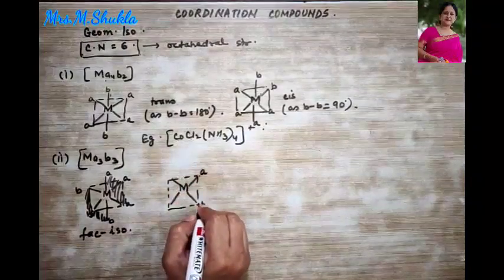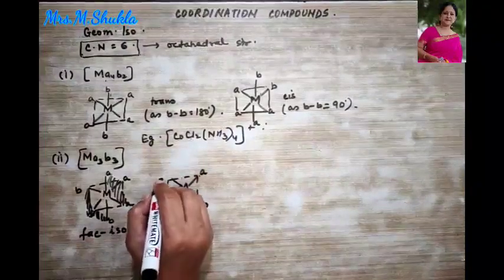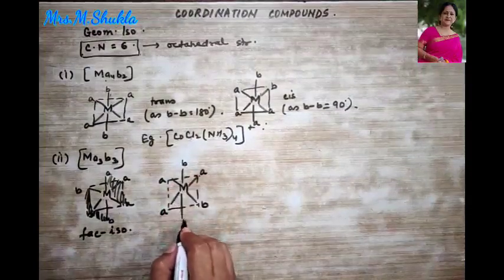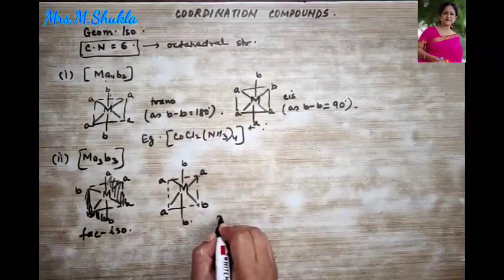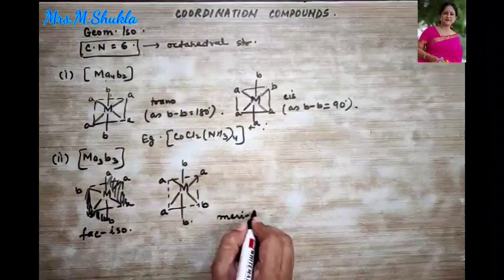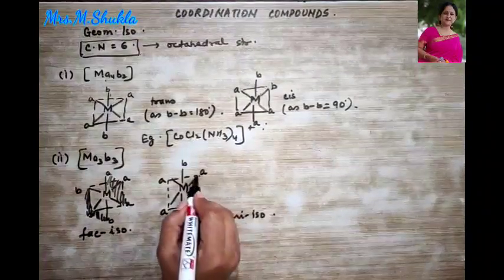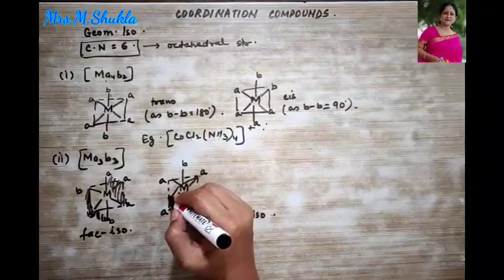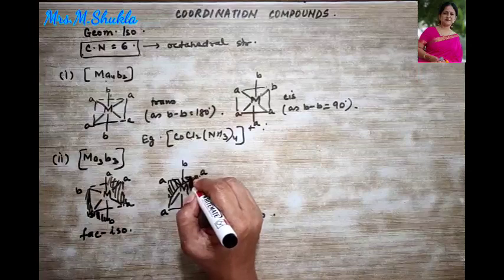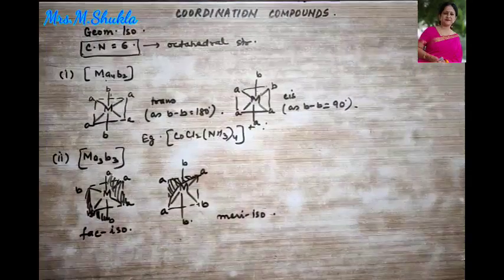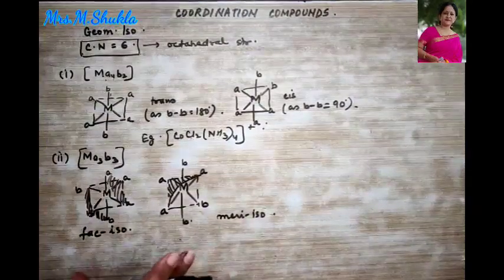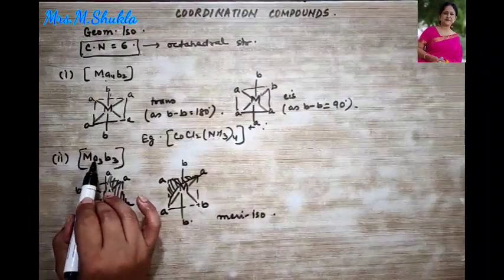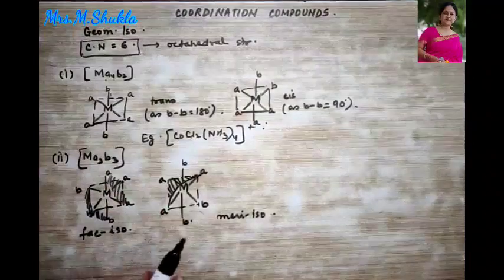This is A, B, A, A. This will be B, B, and here it is going to show you mer isomerism. Fine. So these are the two geometrical isomerisms when we have 3 ligands of one kind and 3 ligands of another kind.